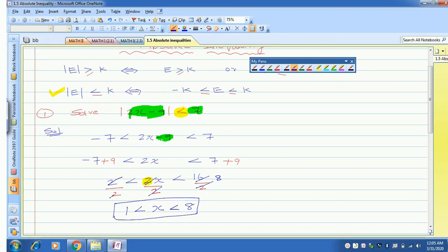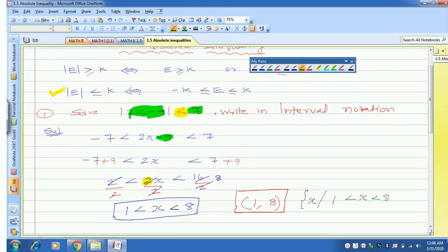If the question says write in interval notation, then I have to write the interval notation: open 1 comma 8. So this is my interval notation. If the question is asking for set builder, you have to write the set builder as x such that 1 less than x less than 8. Now what is the graph of this one?